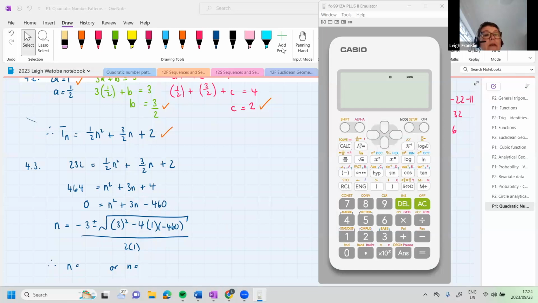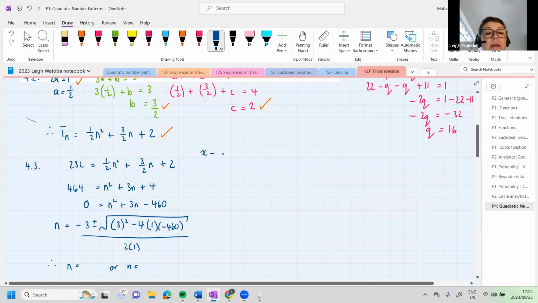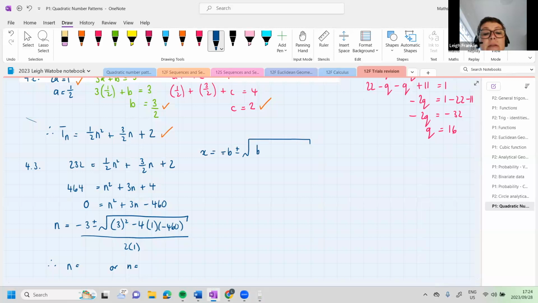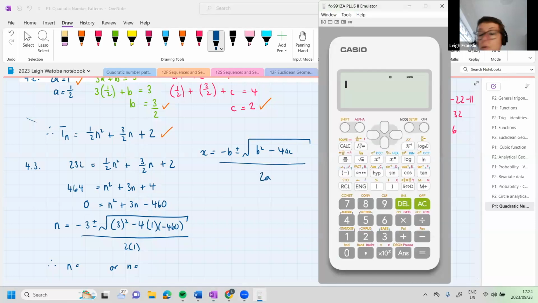Okay. So, Leanne, remember your quadratic formula is x equals negative b plus or minus, and then here it's the square root of b squared minus 4ac. So this 3, because it's positive here, is going to be negative over there, all over 2a. The easiest thing for you to do is get negative 3, and then you can choose either a plus or a minus.